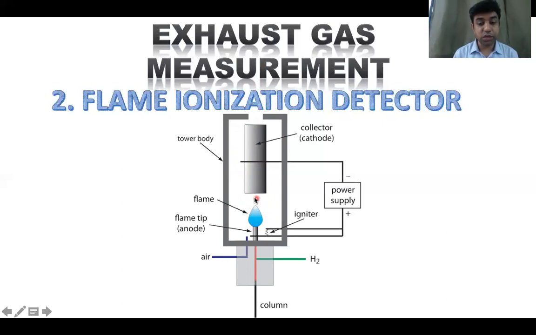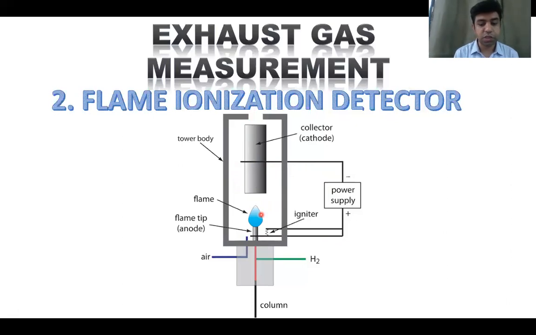Those ions will be attracted towards the cathode, that will try to reach this cathode region, right? The more the hydrocarbon, the more ions there will be. More ions will accumulate at the cathode part, and that will generate a certain supply, right? So as it completes the cycle, the amount of ions produced is noted, which gives you the indication of the amount of hydrocarbon present, right?